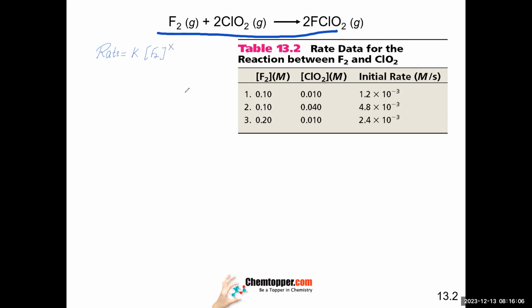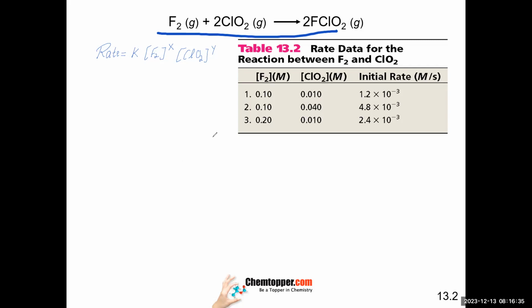We don't know the order here. We have to calculate it, right? Concentration of ClO2 raised to power y. That's the rate law. This is the assumed rate law. Are we good with this?